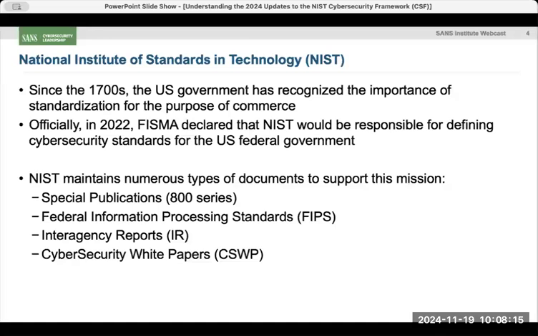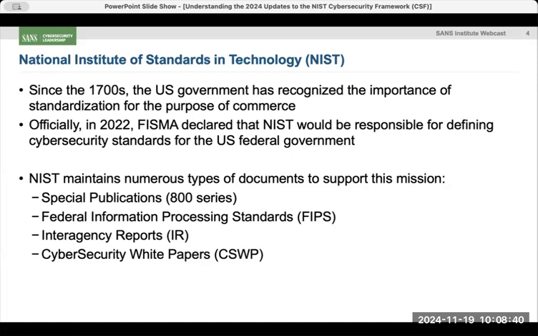Now, there's a series of documents that they've created to help towards that mission. The one that most of us are aware of is the NIST special publications, or the SP 800 series. That's the one most people think about when they think cybersecurity and NIST: 800-53, 800-171 or 172, or some of those special publications.